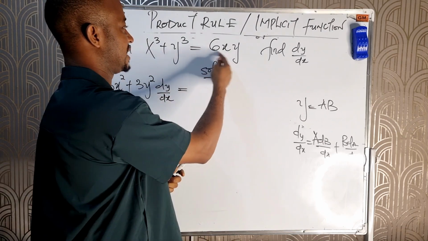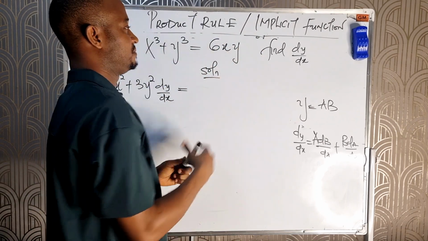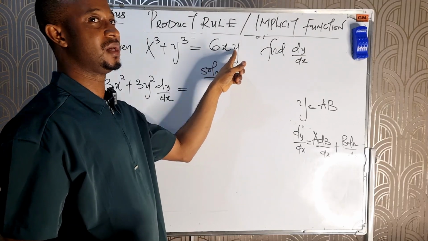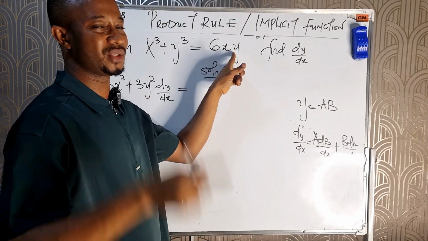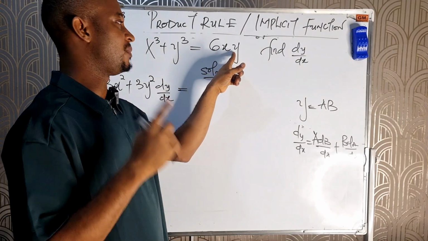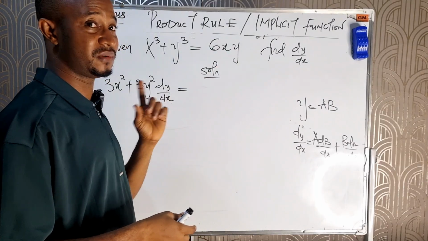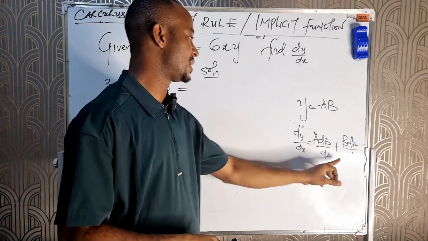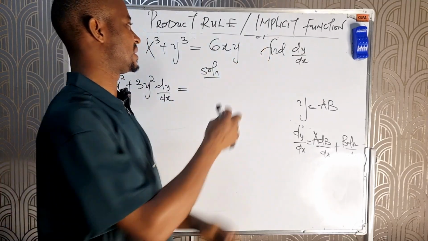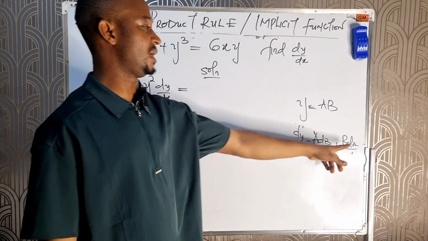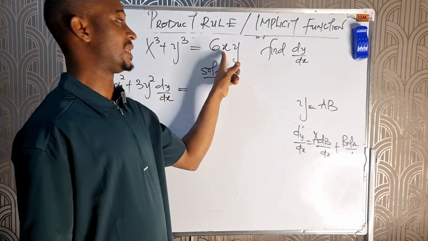Since we are choosing 6x as A, then y as B, I'll keep 6x constant and differentiate y. When I differentiate y, what we have is 1. But because I'm differentiating y, the rule says I'll multiply with dy/dx. Don't forget. So plus, I'll keep what constant? B constant. y is my B. Then I'll differentiate A, which is my 6x, and that will give us 6.